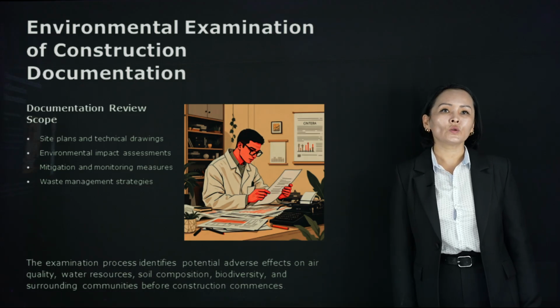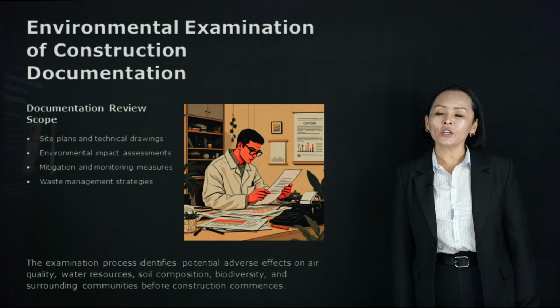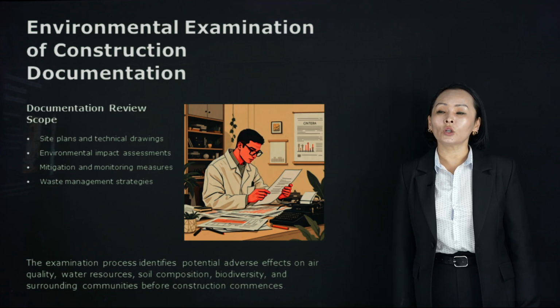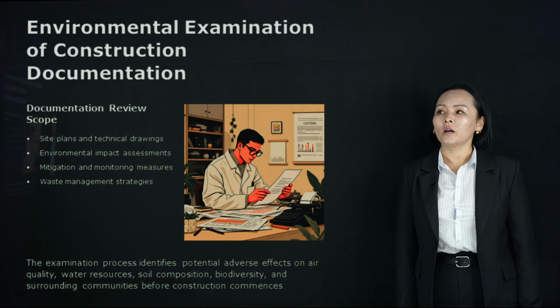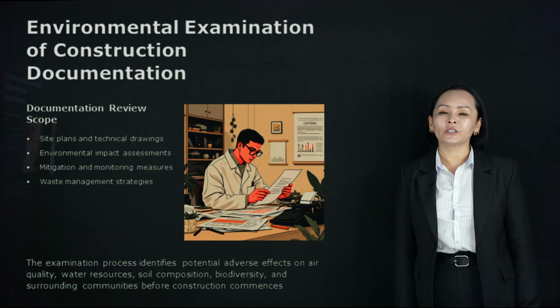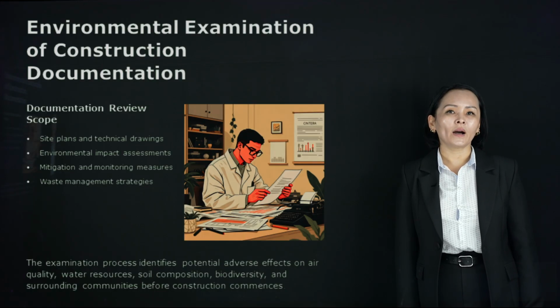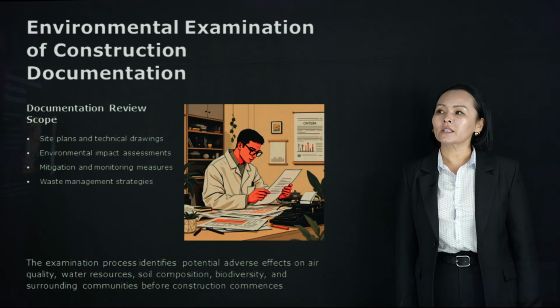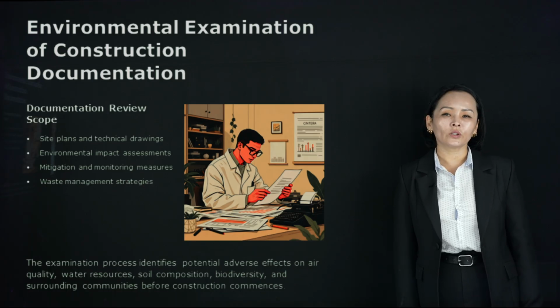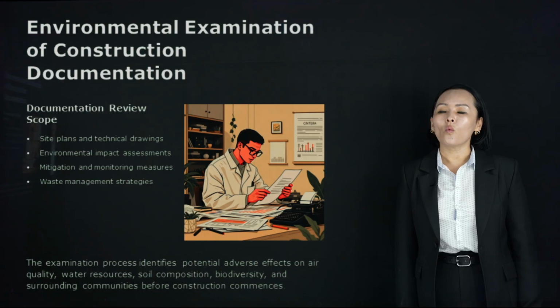Documentation review scope. Documentation scope can include four types. First of them, site plans and technical drawings. Next, environmental impact assessment. Next, mitigation and monitoring measures and waste management strategies.